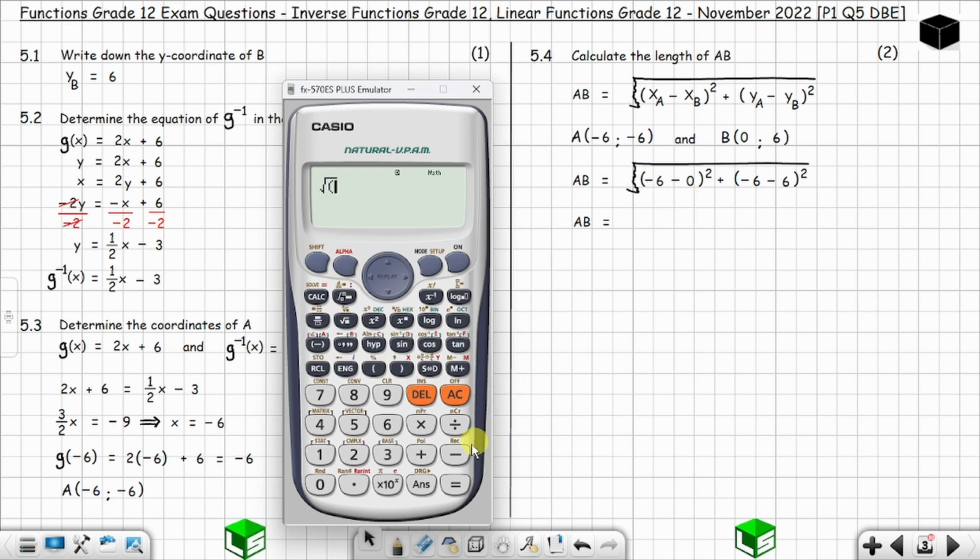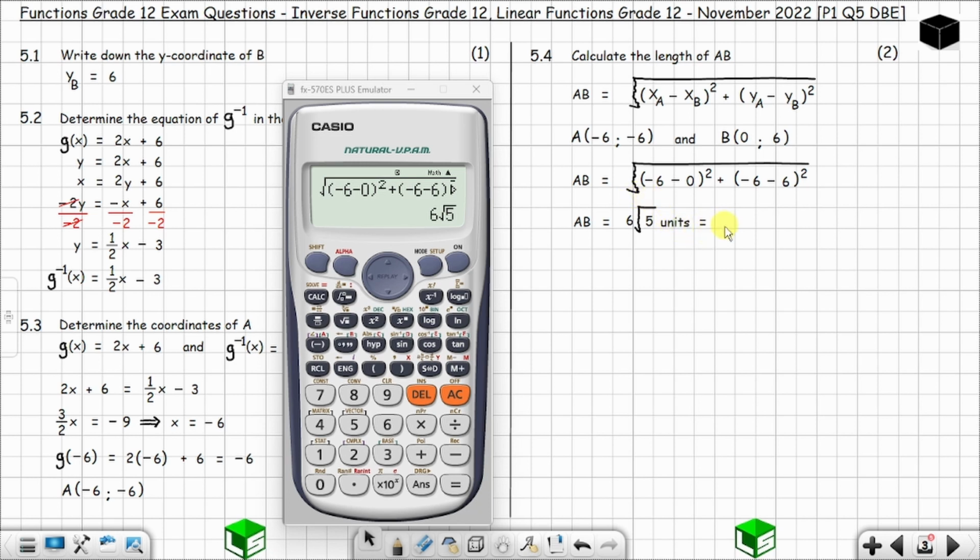So you have negative 6 minus 0 square plus negative 6 minus 6 square. This is equal to 6 square root of 5. Okay, so this is the length AB. You can write it as 6 square root of 5 units, right?